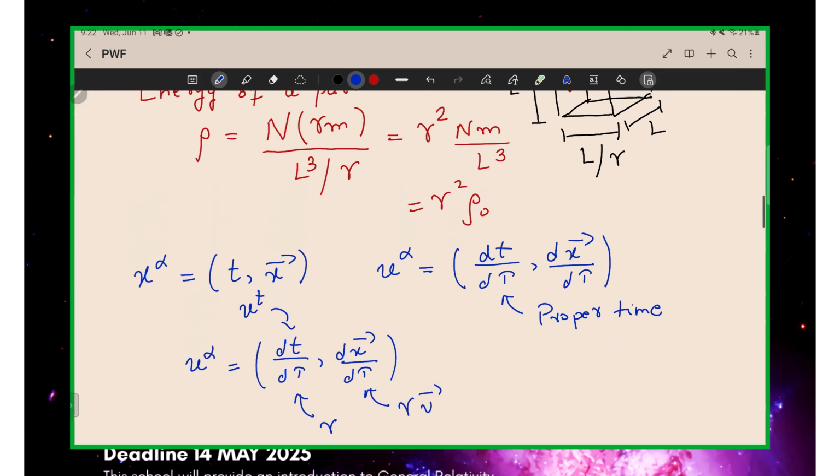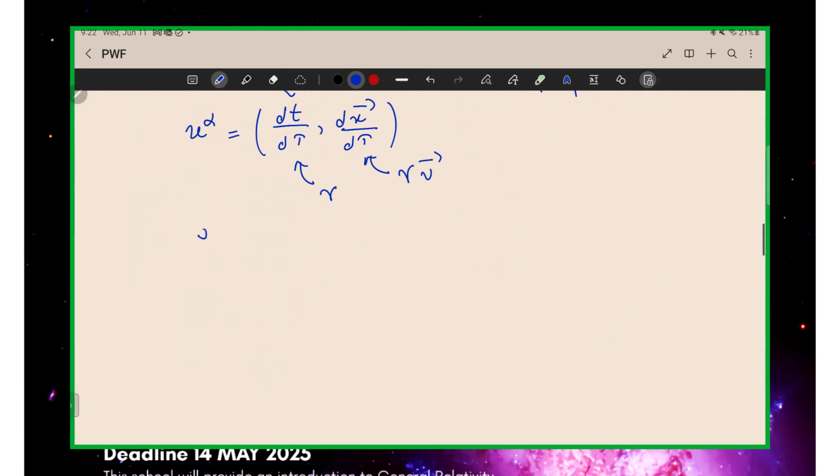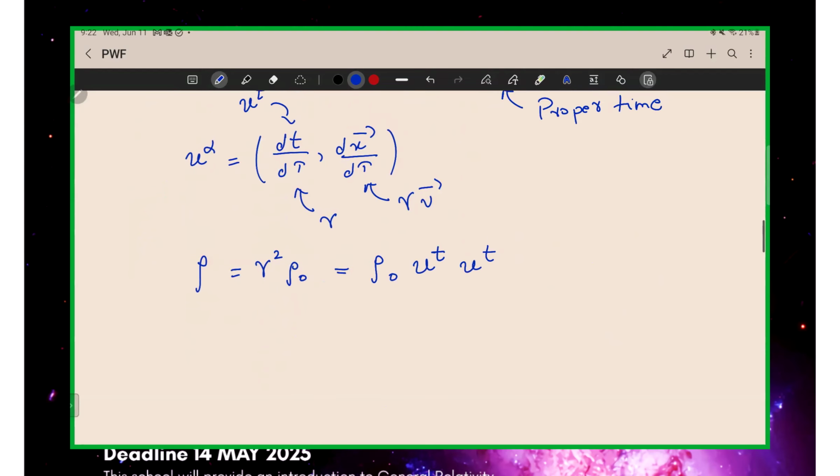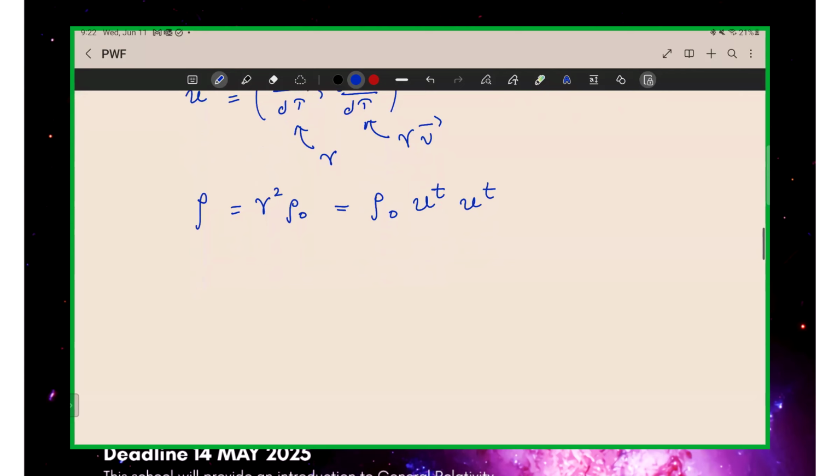Then you can see that this rho that I wrote earlier, rho was gamma squared rho naught. You can write it like this: rho naught times u^t times u^t, which is pretty self-evident because u^t is just gamma, right? So u^t means the time component of the four-velocity. Now, this energy density that I'm referring to, rho here, I will call that T^tt.